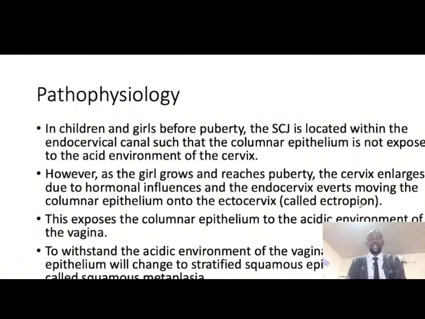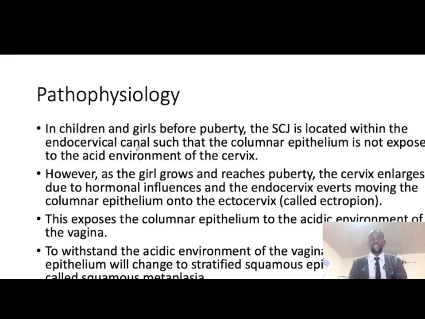So now, what's the pathophysiology of cervical cancer? In children and girls before puberty, the squamocolumnar junction is located within the endocervical canal.